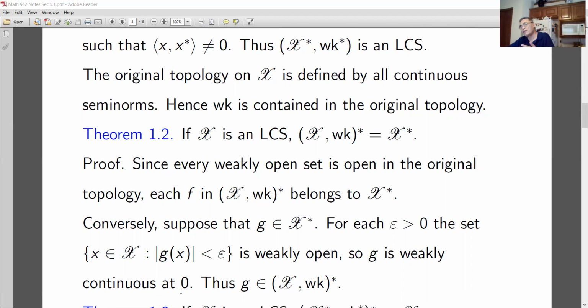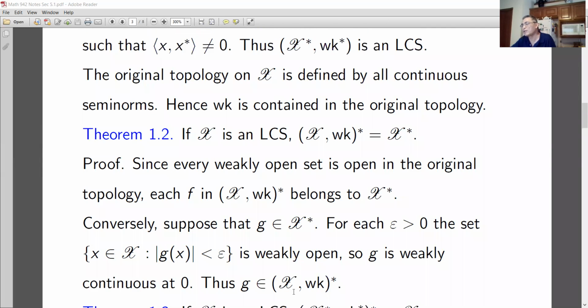Earlier we had a proposition that if a linear functional is continuous at 0, then it is continuous everywhere. Therefore, G is in the dual of X with weak topology.